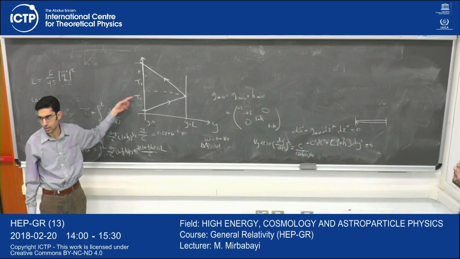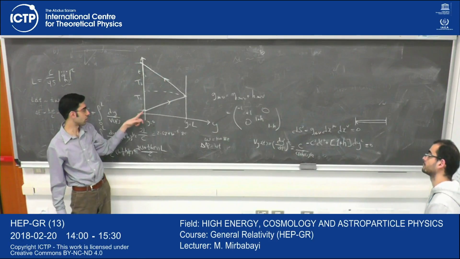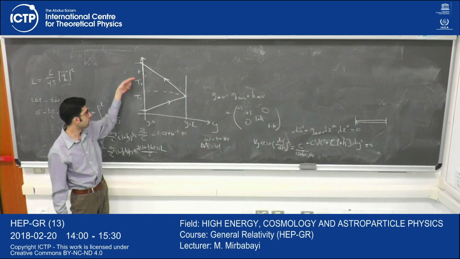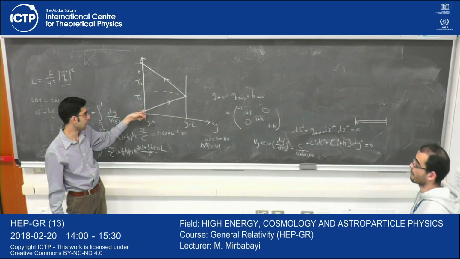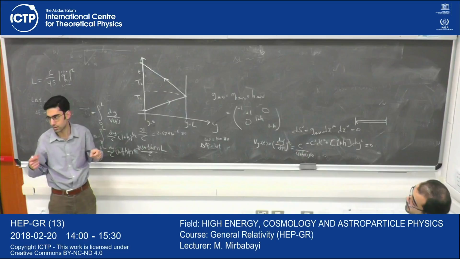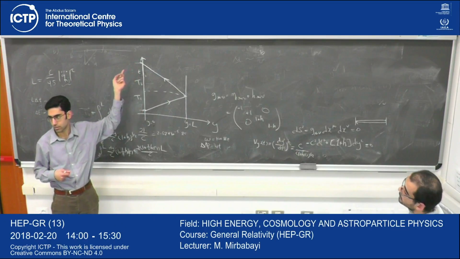We send this to the other mirror, it bounces back, and the question is what time does this clock measure? Now, we can relate the time that this clock measures to the coordinates, like the initial and final time.